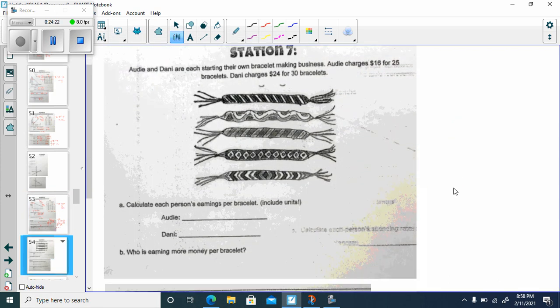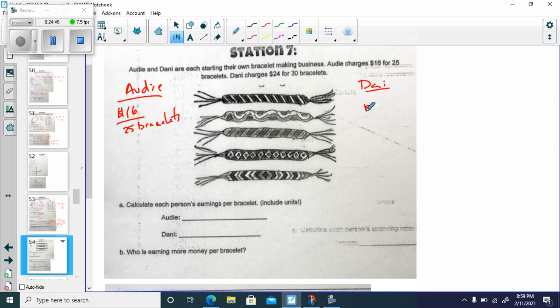And then station 7. Audie and Danny are each starting their own bracelet making business. Audie charges $16 for 25 bracelets. Danny charges $24 for 30 bracelets.